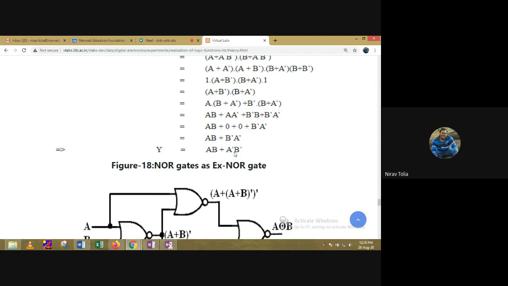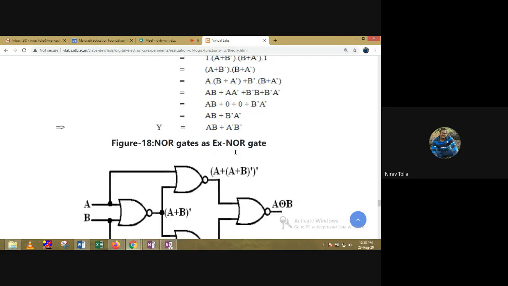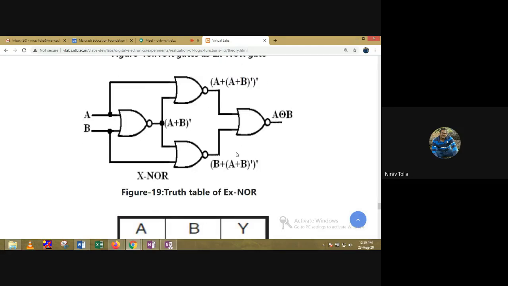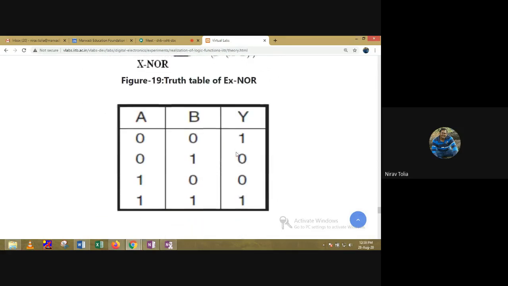So this is the figure of the exclusive NOR gate made by the NOR gate. Now we require the exclusive OR gate by using NOR gate.